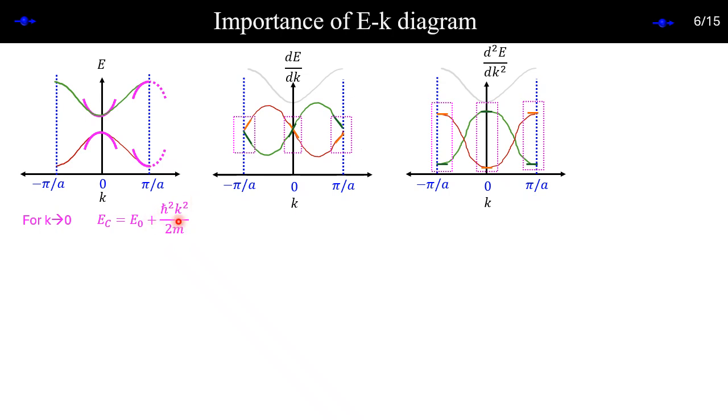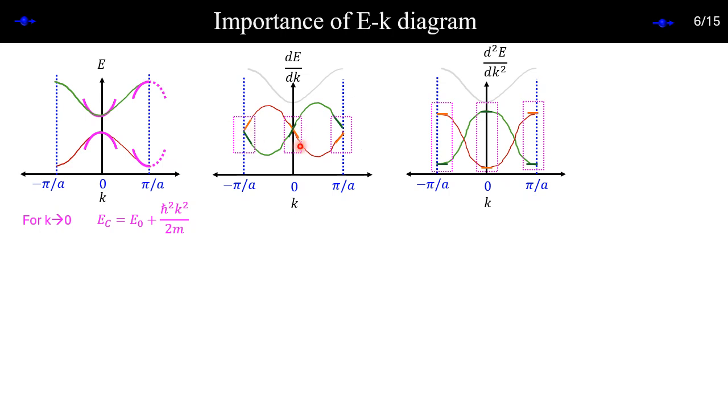Straight line? No, no. If you take a derivative of this, you get h by m times k, right? At k equals 0, this value is 0.